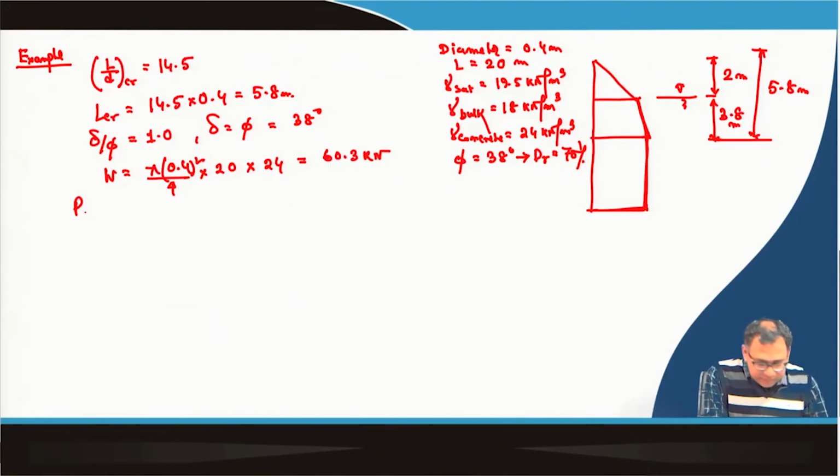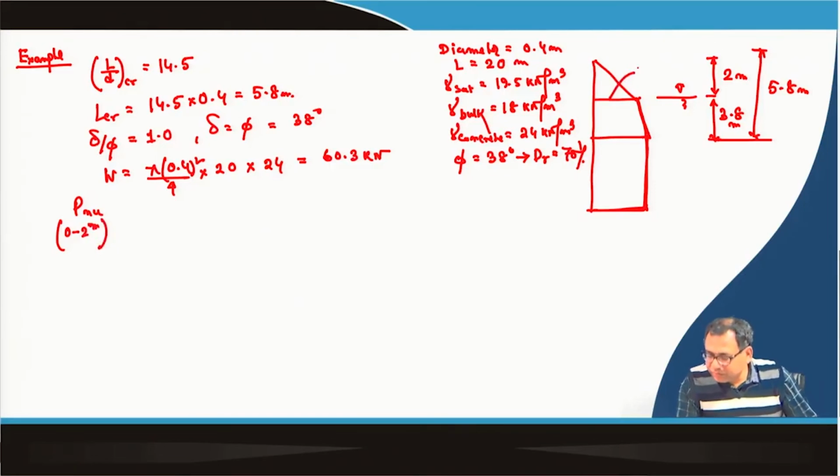So, P net ultimate, if I calculate from 0 to 2 meter: the gamma bulk is 18 and it is into 2. So, that will be 36 kilonewton per meter square.